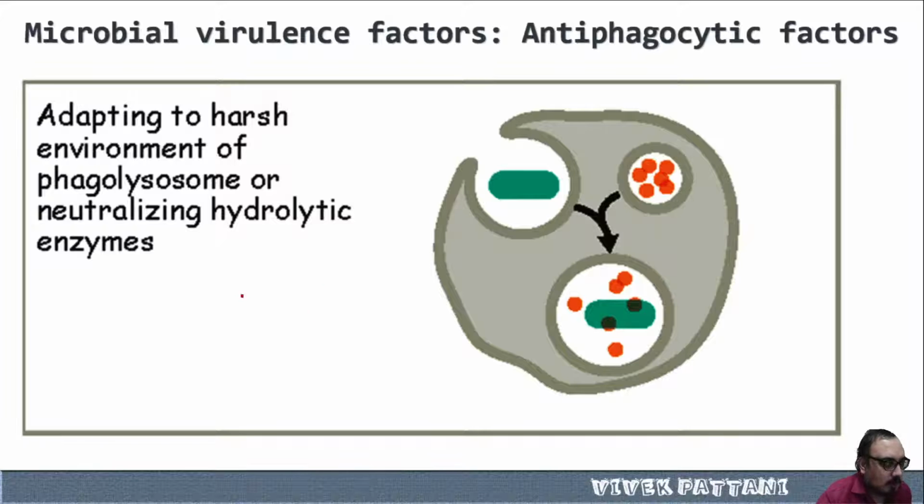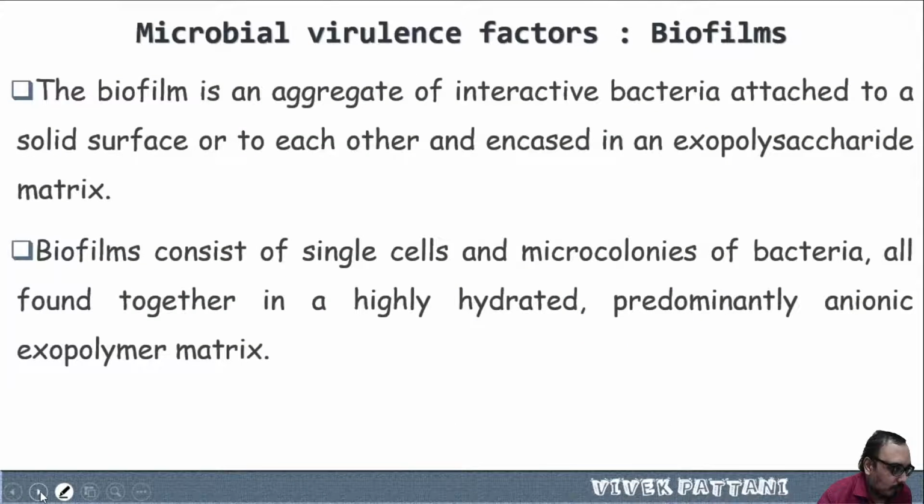Next one is by adapting to the harsh environment of the phagolysosome and neutralizing the hydrolytic enzymes. Even if it grows into a phagocytic cell, some bacteria have the capability to adapt to this environment.